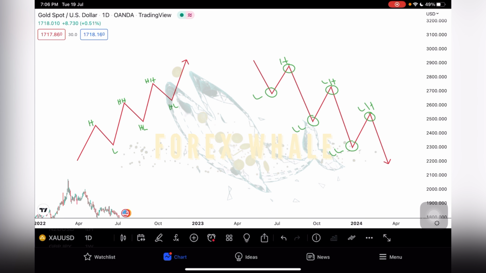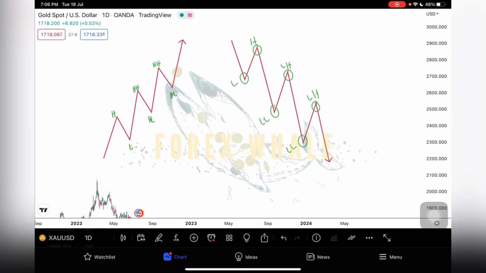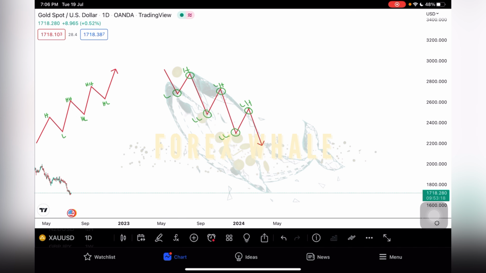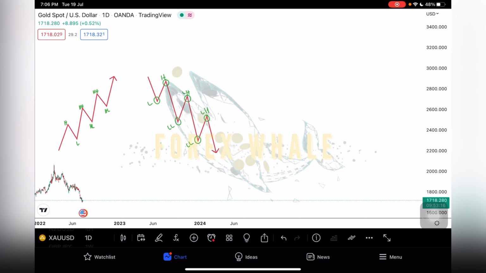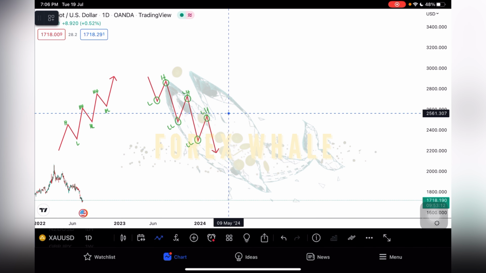Once you are able to identify this, that is when you can look for a buying opportunity. But before that, I am going to draw and combine both uptrend and downtrend into one. So pay attention, and I'll make this very quickly.